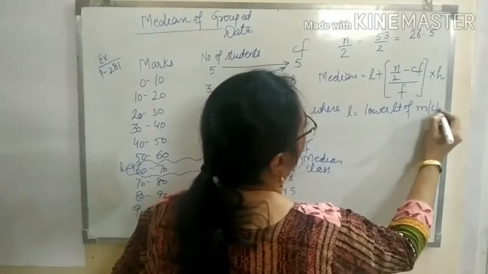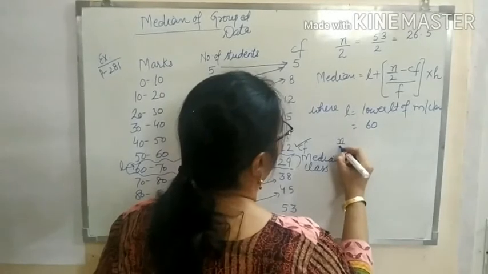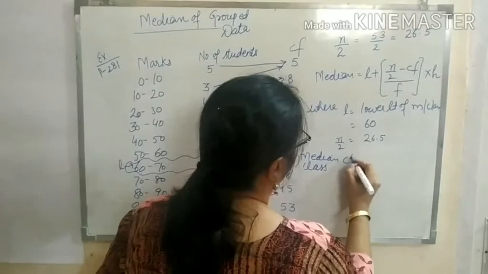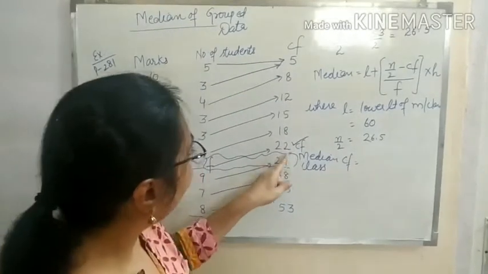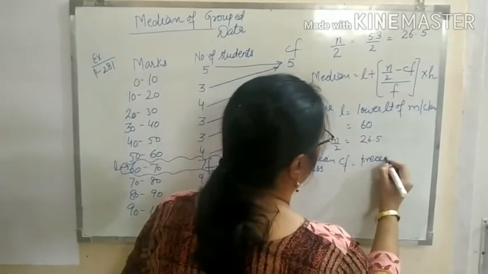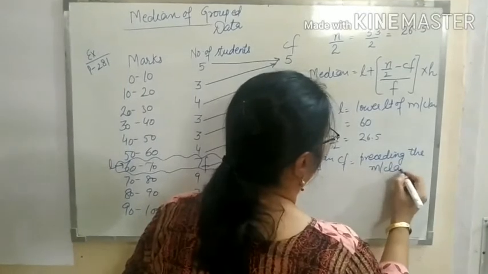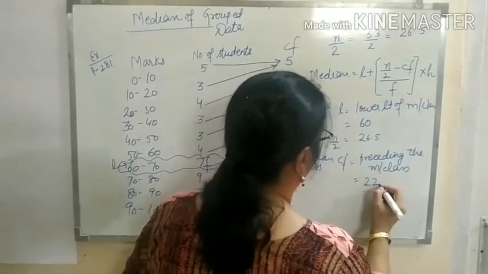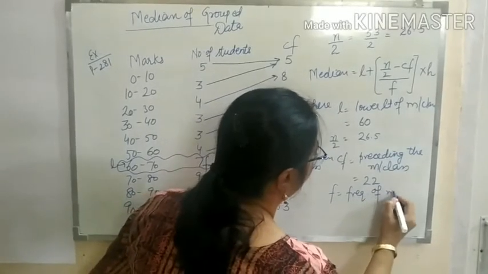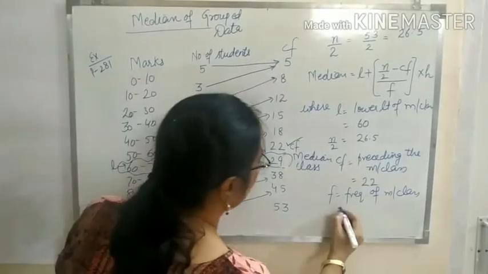So that comes out to be 60. n by 2 we have calculated already, 26.5. Then the cumulative frequency of the class preceding the median class is the value 22, and F is the frequency of the median class, that is 7.